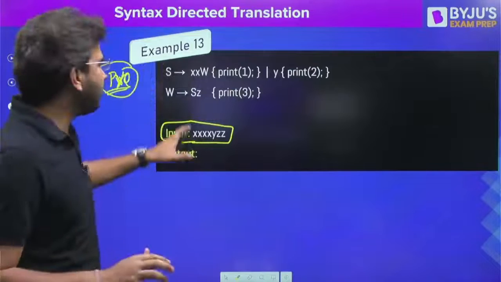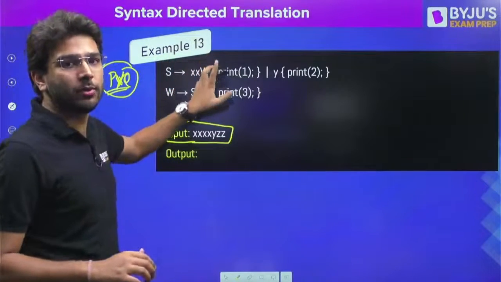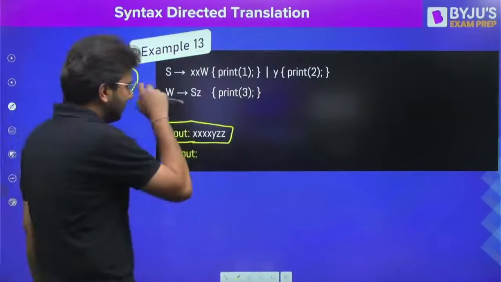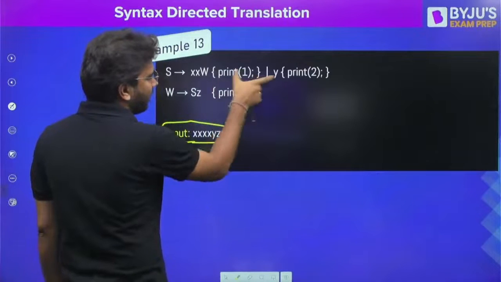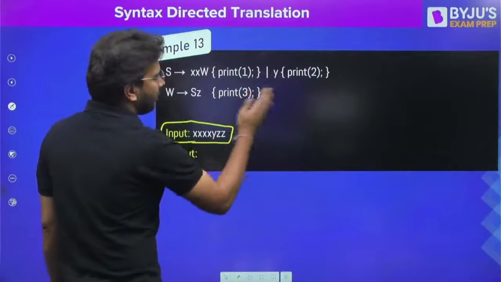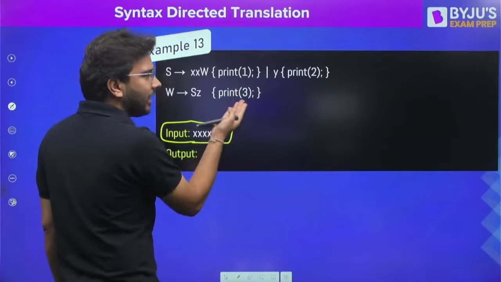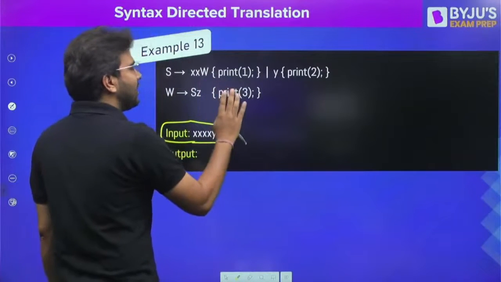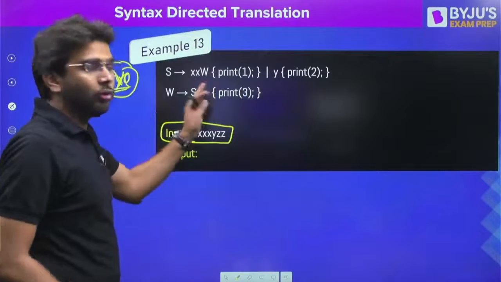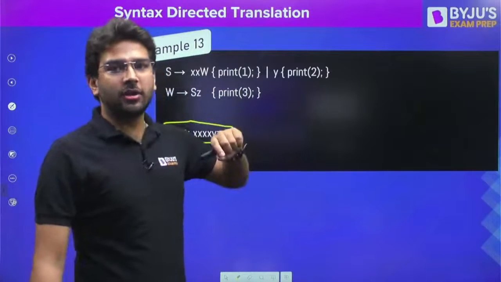first identify whether it is L attributed or S attributed. Now if you carefully see, all the translations are present at the end of the RHS. That means it can be both, and here we are not having any attribute computation, so we can clearly say that it is both S attributed and L attributed.